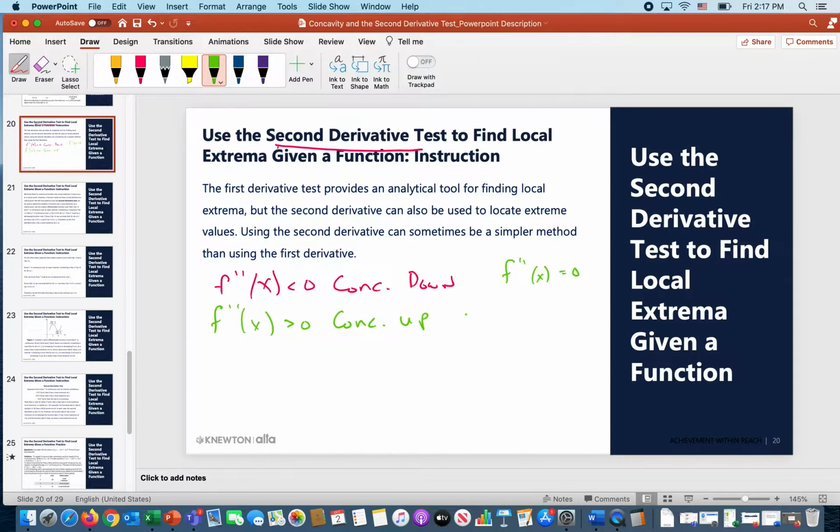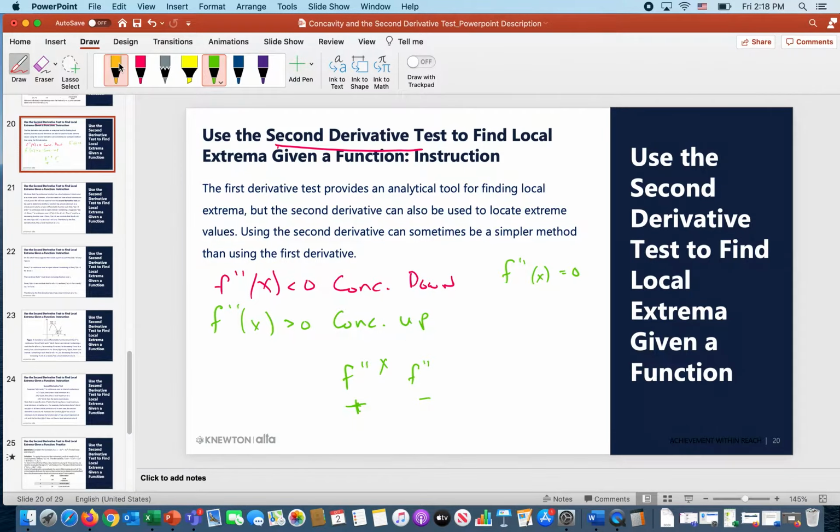So if the concavity changes from concave up to concave down, then we have a point of inflection. Or if we have a situation where our second derivative was positive and now our second derivative is negative, again, that x value right there is going to be a point of inflection.